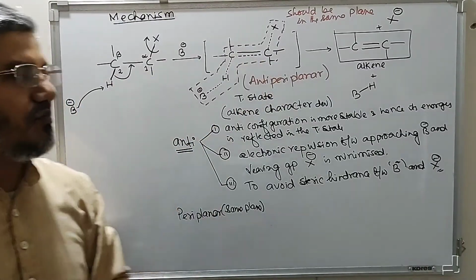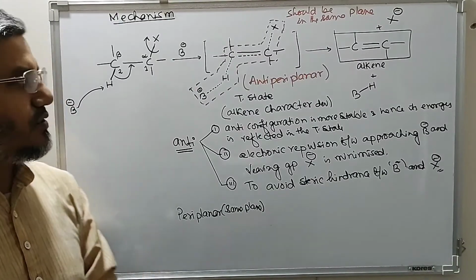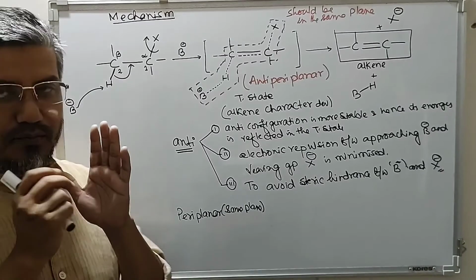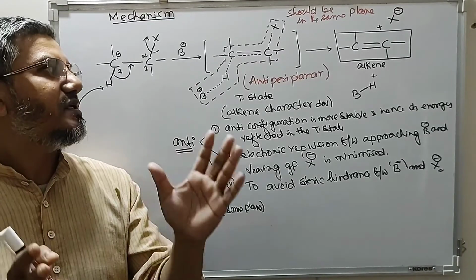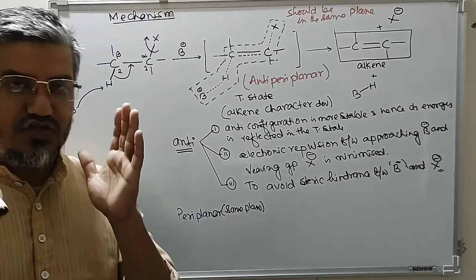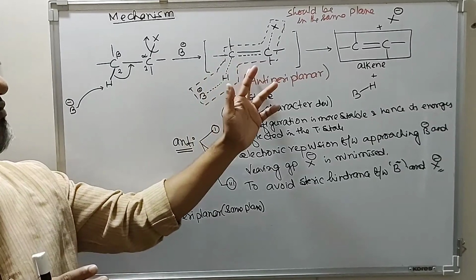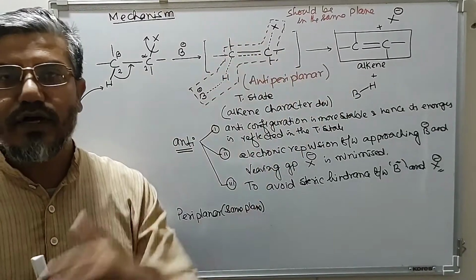So pi bond formation requires that the p orbitals should be planar. If the p orbitals are in the same plane or in the same direction, there is chance for pp overlap resulting in the formation of multiple or pi bond.